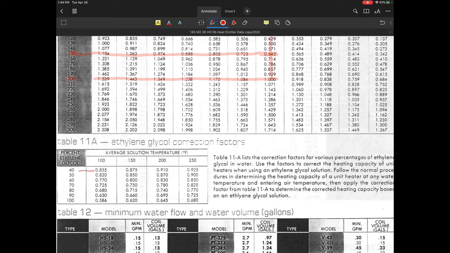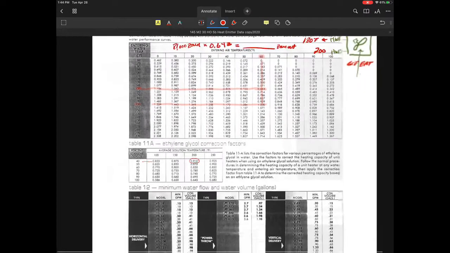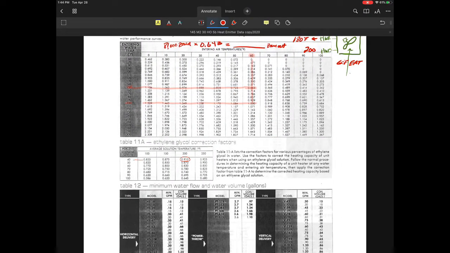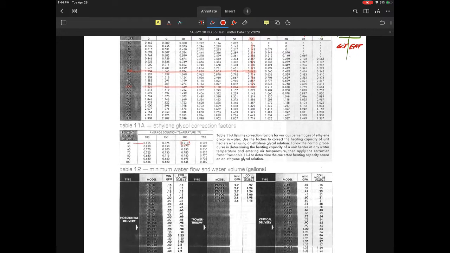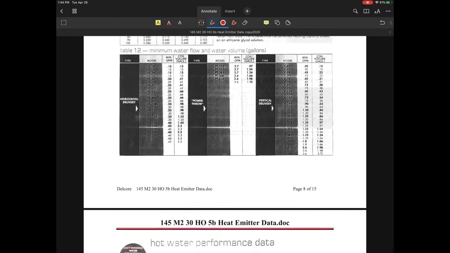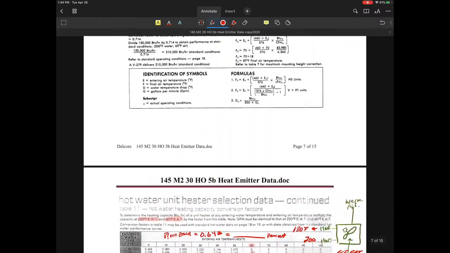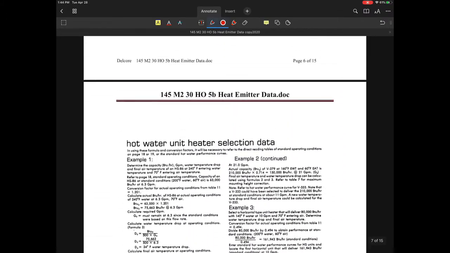So if I happen to have, let's say, 40% ethylene glycol in my system, you'll notice that even at, let's say, an average temperature of 200 degrees, which would be on the higher end of that, there would be roughly about a 9% decrease in capacity due to having the glycol. It's a little bit of a factor, not major that we would have to deal with it, but we do need to understand that that is going to have a detrimental performance factor on that particular unit as well.